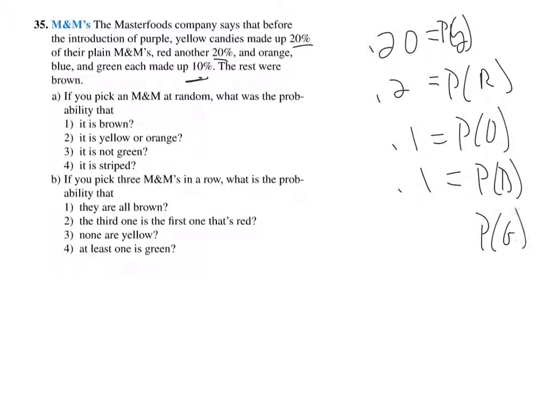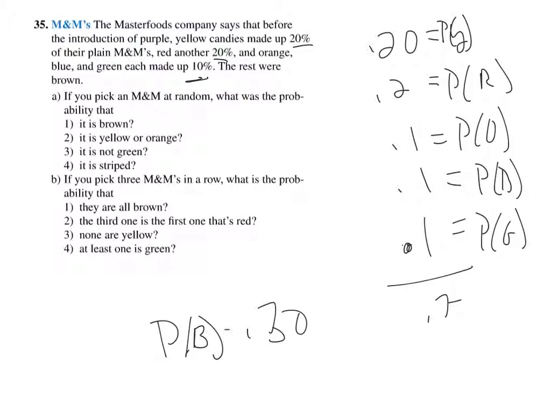Probability of a green was 0.1. Well, we know that these probabilities have to have a sum of 1. So we add that up. What's that? 4, 5, 6, 7. So that tells me 30% of the M&Ms were brown. That's supposed to be a 30. Here, let me erase that and rewrite that a little better.